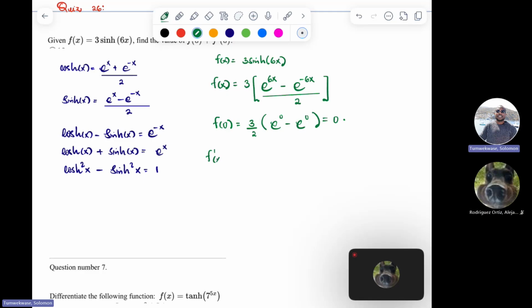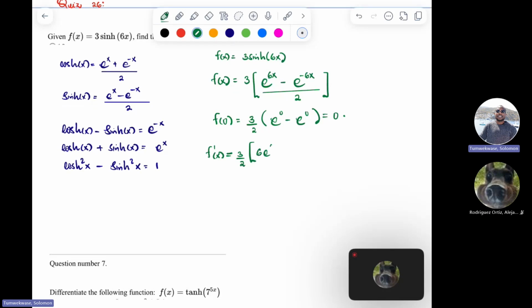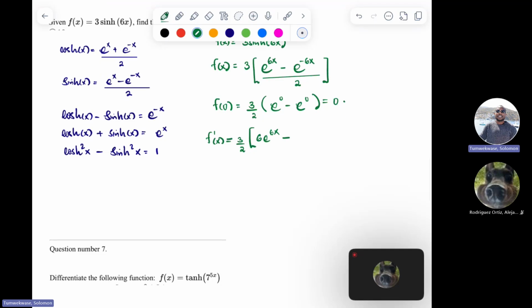Then I need to take the derivative of this function. 3 over 2 is a constant. The derivative of e to the 6x is 6e to the 6x, then minus the derivative of e to the negative 6x, which is negative 6e to the negative 6x.